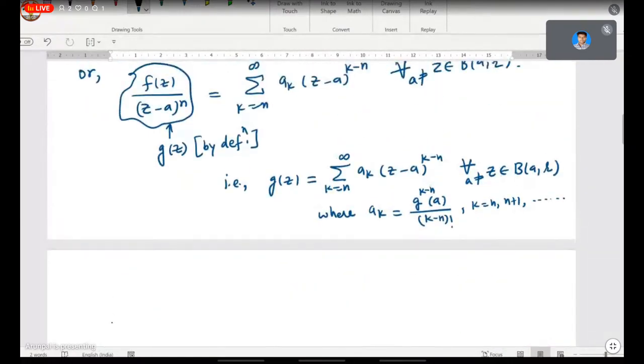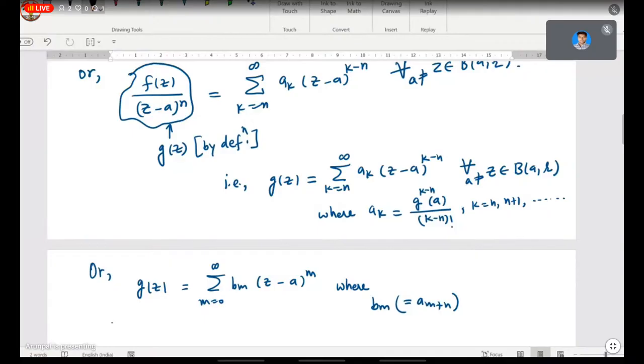So we have g(z) equal to this whenever z is not equal to a, and we can write g(z) equal to the summation over m going from 0 to infinity of b_m (z minus a)^m, where b_m is equal to a_(m+n).